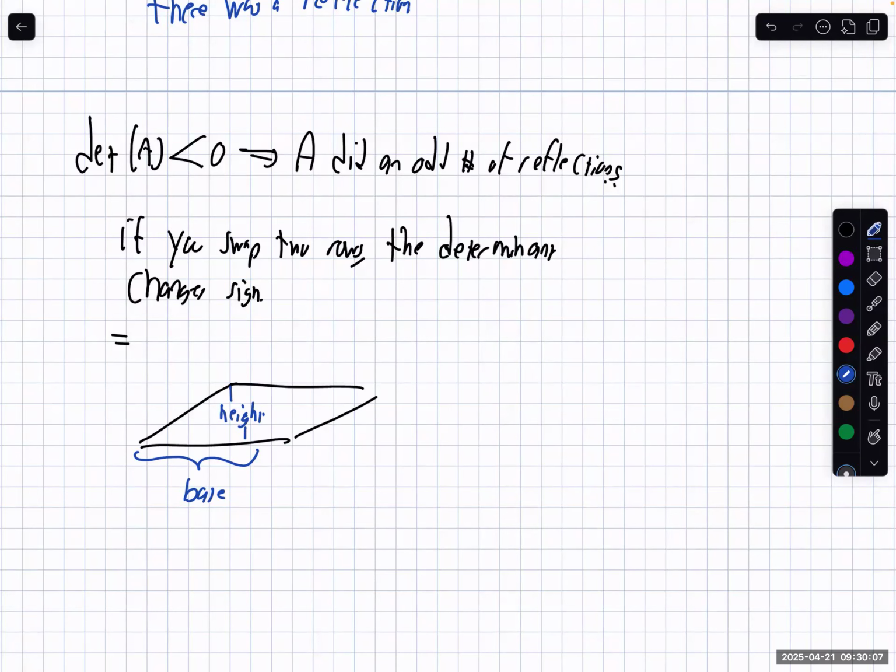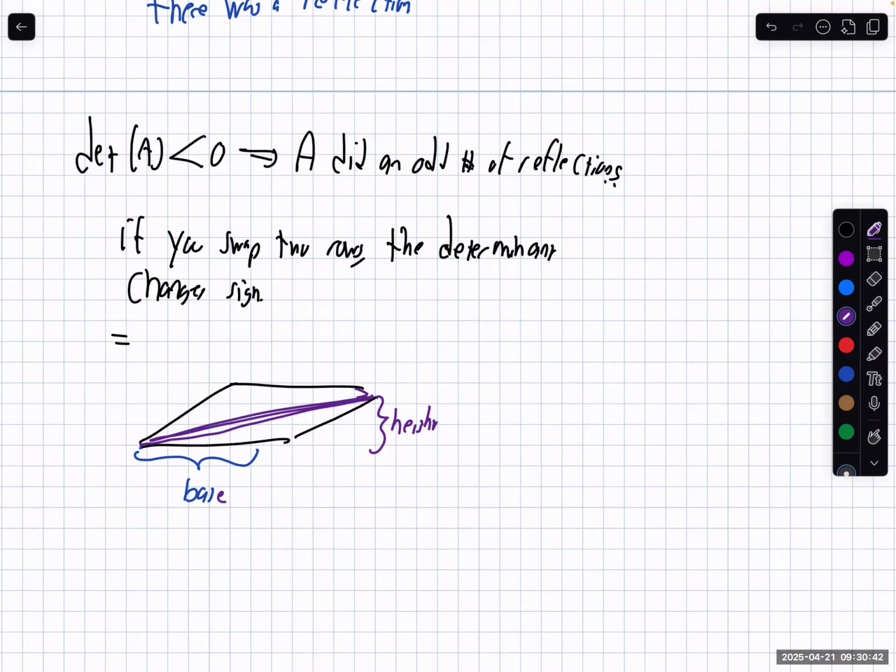actually, let's back up a little bit. Okay, so roughly a parallelogram is really two triangles.